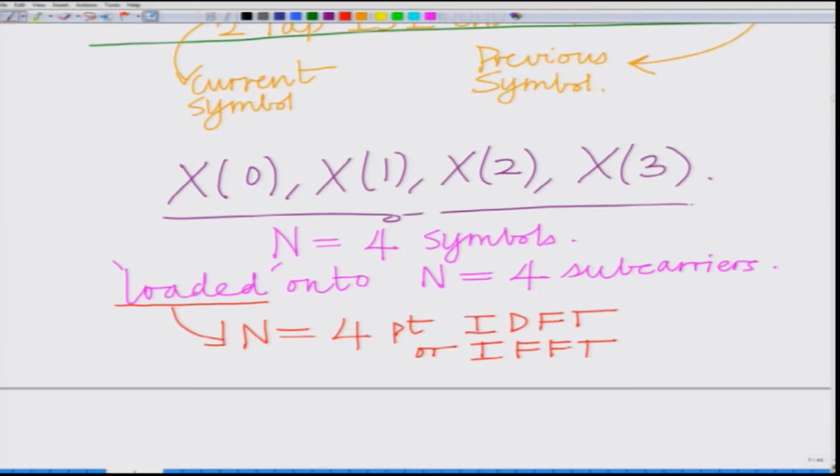One can perform IDFT or equivalently IFFT. IFFT is nothing but the same as the IDFT, but it is a fast algorithm to perform the IDFT.